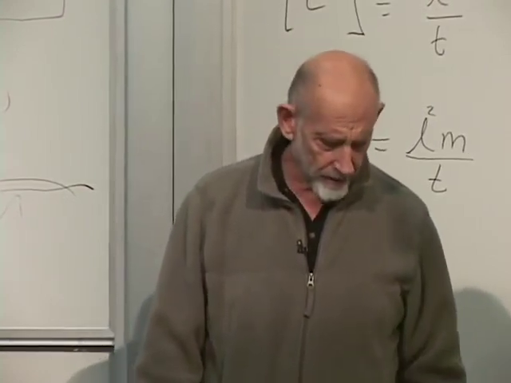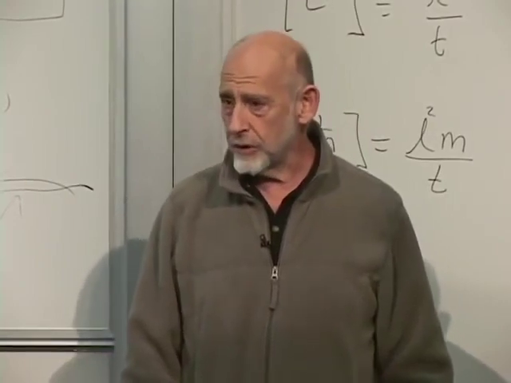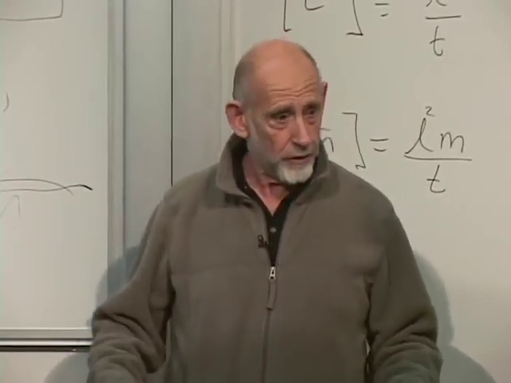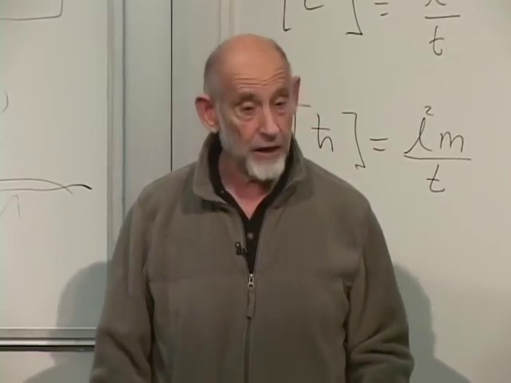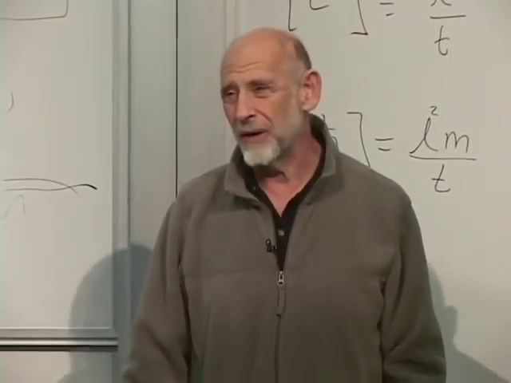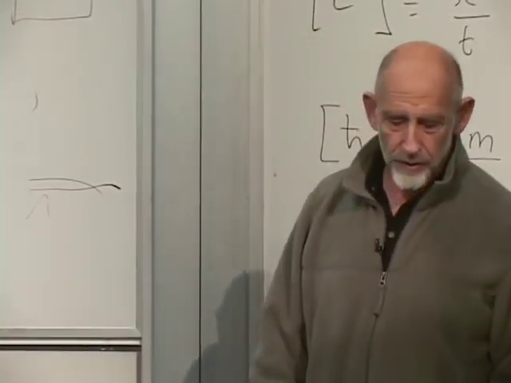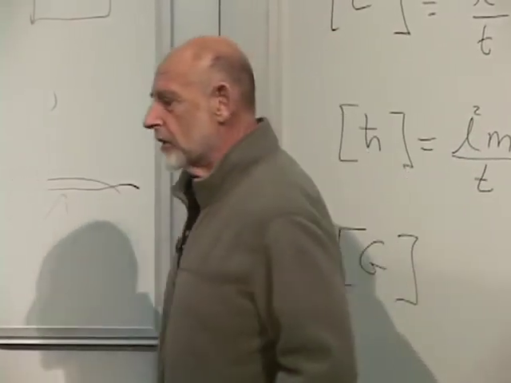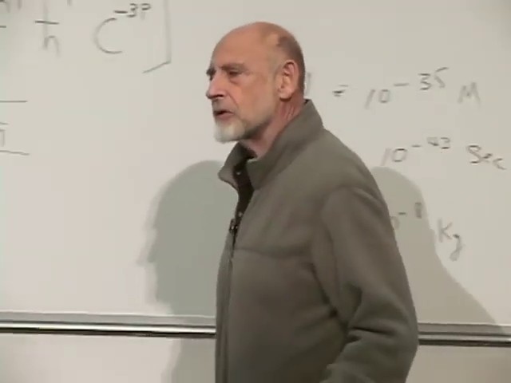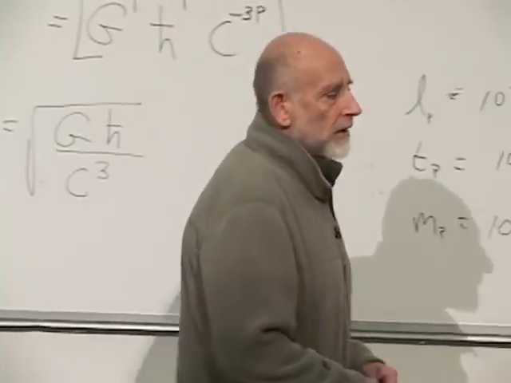But from the precision with which particle physics, the standard model and so forth seem to work, I think there's plenty of evidence that the energy scale is very, very high. Whether it's the Planck scale or 1/100th of the Planck scale or 1,000th of the Planck scale, we don't know.